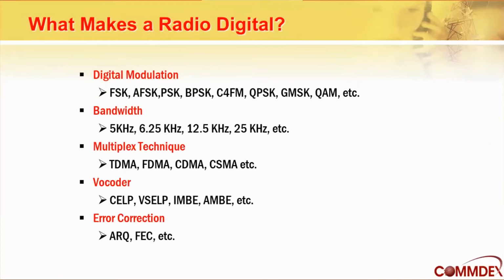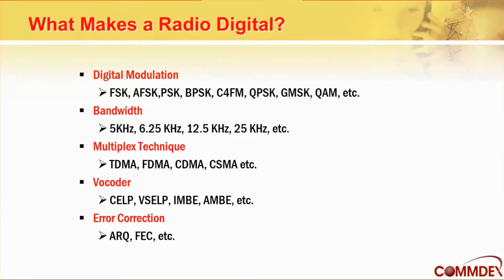So what is it that makes a particular radio digital? I've identified 5 different things on this slide, and we're going to talk about these in more detail after the break. What makes a radio digital is that it's going to have digital modulation. It's going to have reduced bandwidth relative to analog radios.